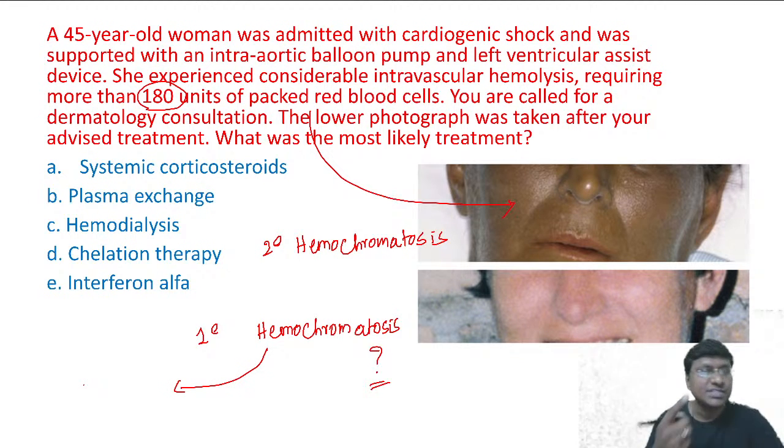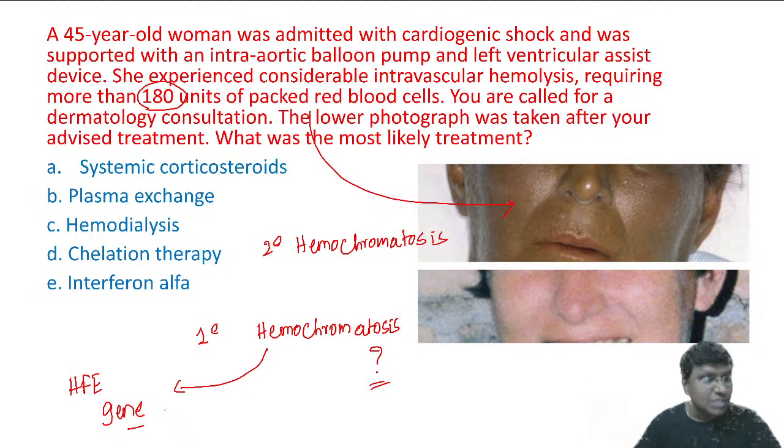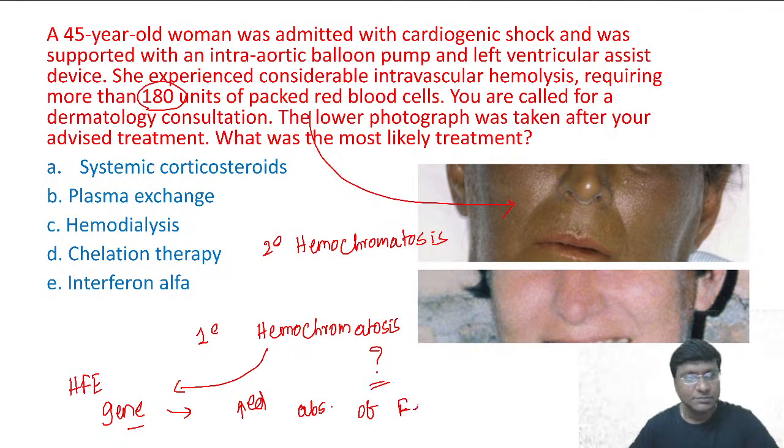Primary hemochromatosis is due to gene mutation, and that particular gene mutation is the HFE gene mutation. Because of the mutation of this gene, there is increased absorption of iron across the GIT, and that is your primary hemochromatosis.